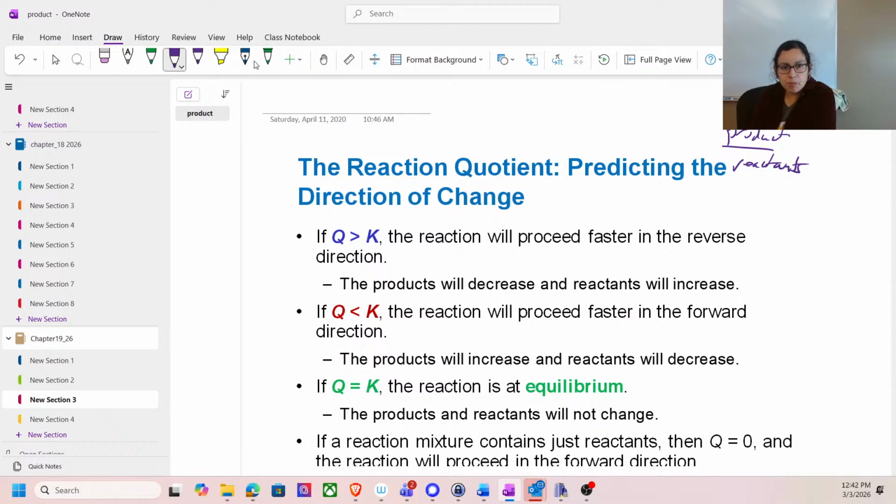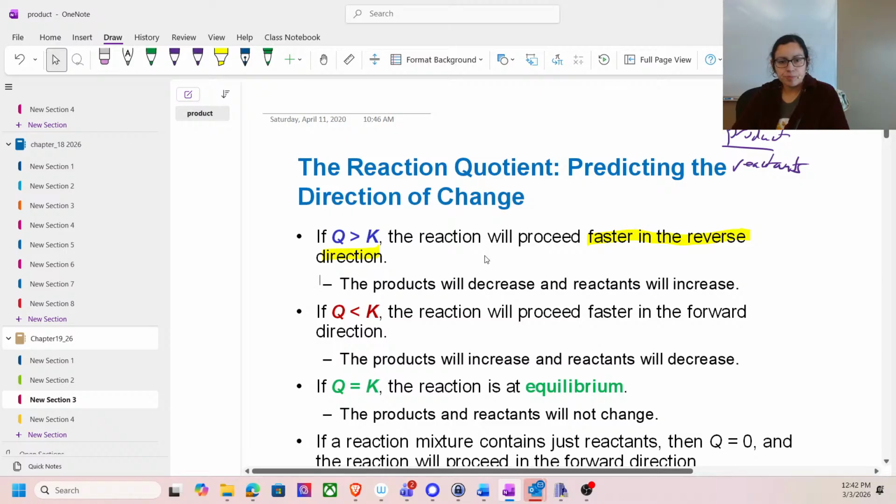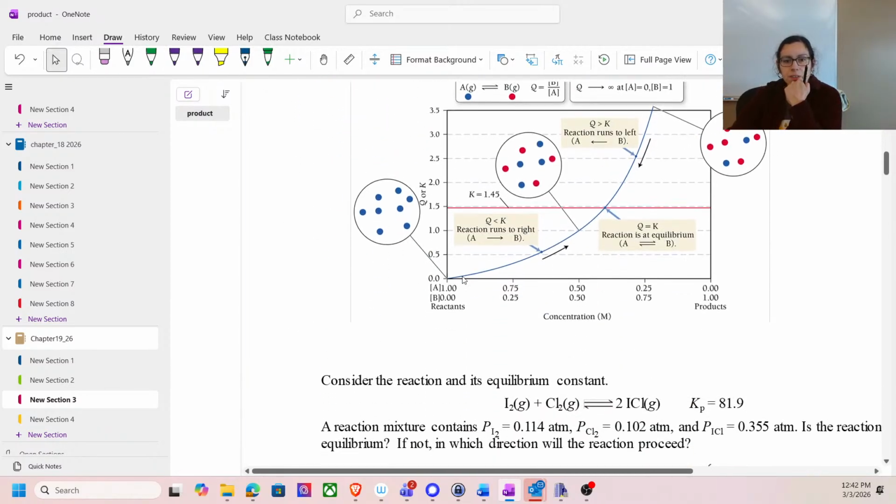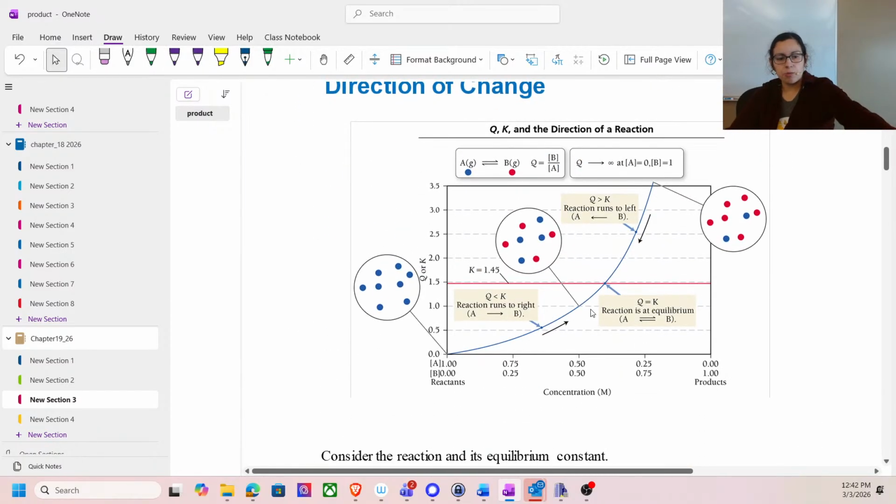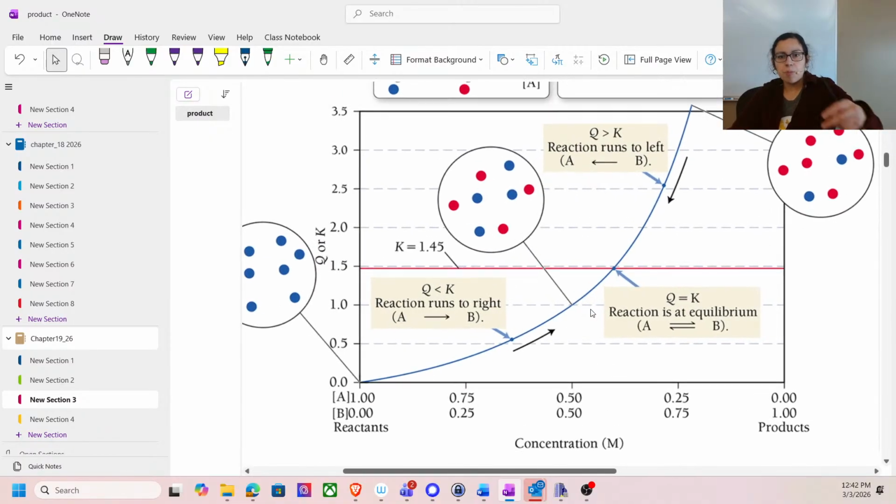Then the reaction will proceed faster in the reverse direction. Just double check that that makes sense for yourself. Q is too big, so we need to go in the reverse direction. I'll scroll down because I think this little graph helps us as well.